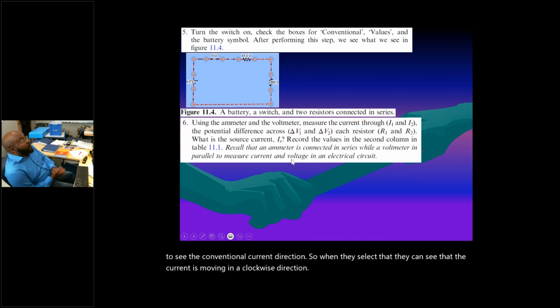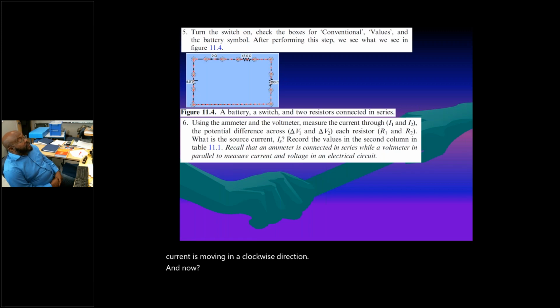And now they need to use an ammeter to measure the current and a voltmeter to measure the potential across each resistor. So they need to know how to connect the ammeter and the voltmeter to the circuit to measure these two quantities.